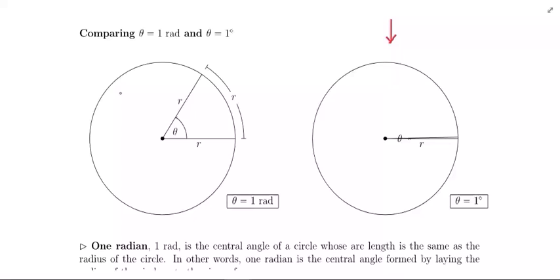So we've got a central angle, with the two rays that make up the angle. The distance from the center to either point on the circle is the radius. So this is the radius, this is the radius.